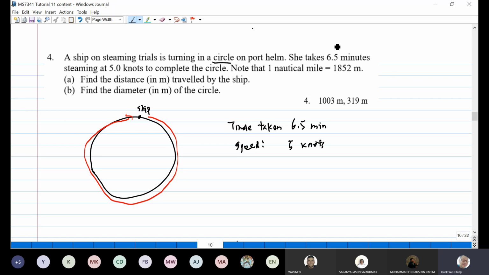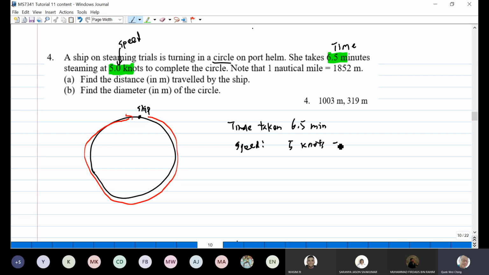So this is the time taken, how long it takes, and then the speed, how fast it moves. They give you the conversion: 1 nautical mile is 1852. What does 1 knot mean? 5 knots, what does it mean?